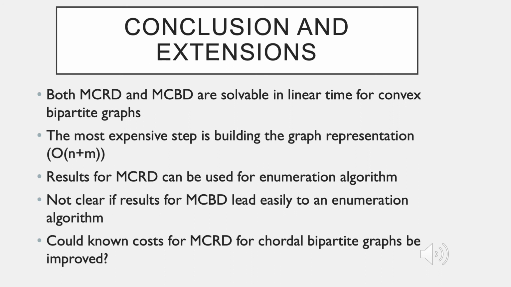As well, there's a big gap between the costs for MCRD for Corder bipartite graphs and those for convex bipartite graphs. So it leaves an open question if this gap can be narrowed, if there is a faster algorithm for MCRD for Corder bipartite graphs.